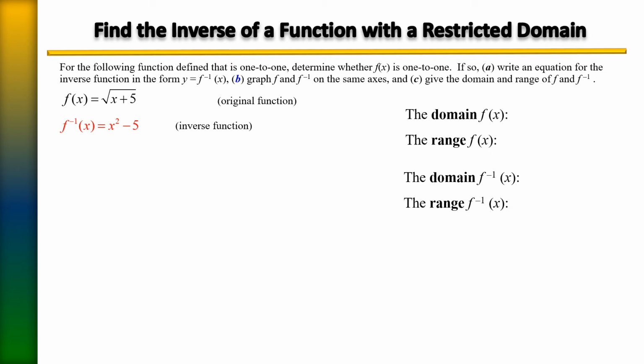If we do that, we see that we can plug in any numbers that are greater than or equal to -5. Yes, we can plug in a -5 even though it makes it a 0. Remember, the square root of 0 equals 0. You just can't plug in something that would make it a negative.